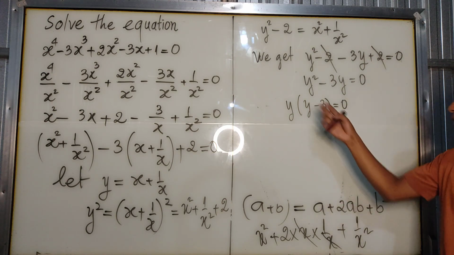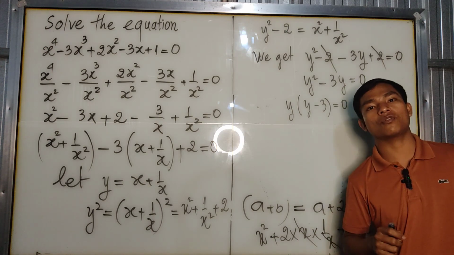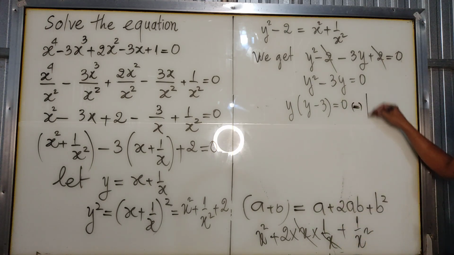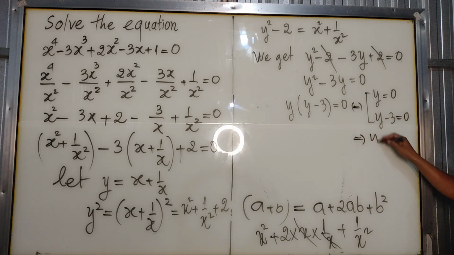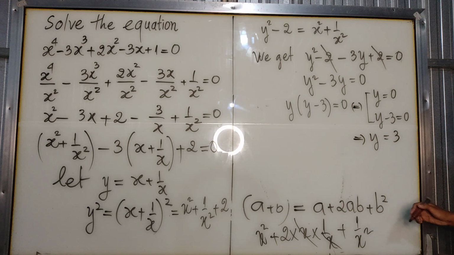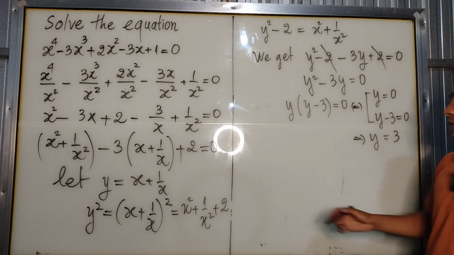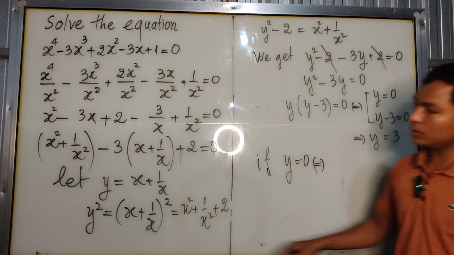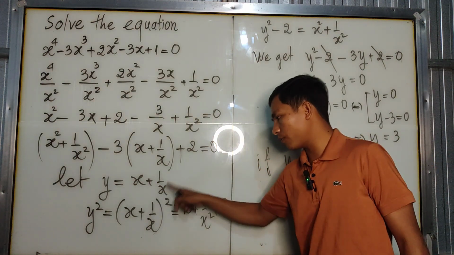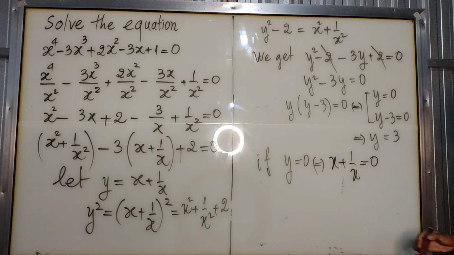So we get y multiplied by y minus 3. We know that we have 2 factors equal to 0, so one factor equals 0 and the other factor equals 0. And so we get y equals 0 and y minus 3 equals 0. So y equals 3. Now, if y equals 0, since y equals x plus 1 over x, we get x plus 1 over x equals 0.